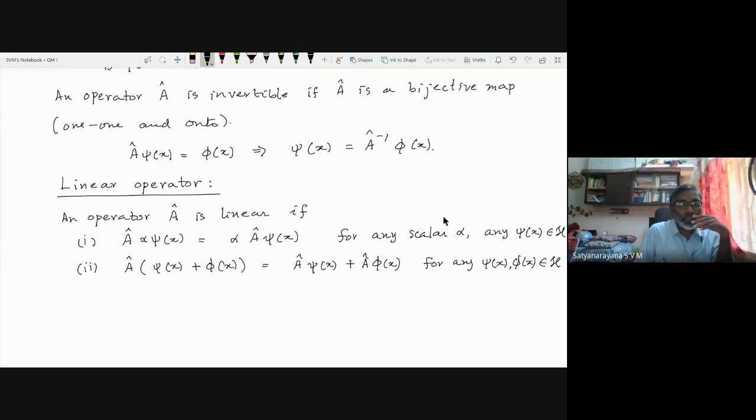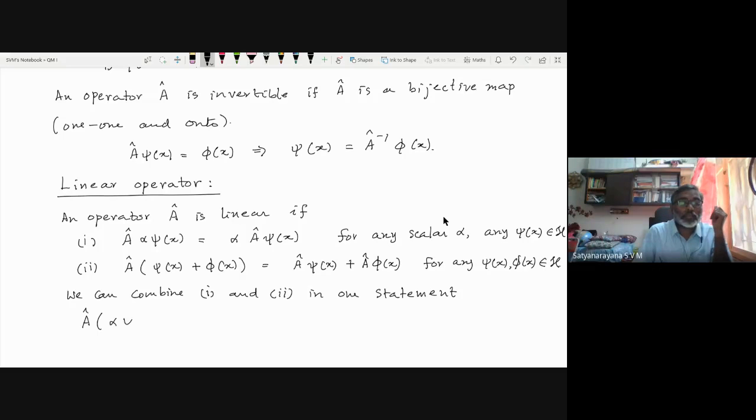Now we can combine 1 and 2 in one statement: A acting on alpha times psi of x plus beta times phi of x can be written as alpha times A psi of x plus beta times A phi of x.